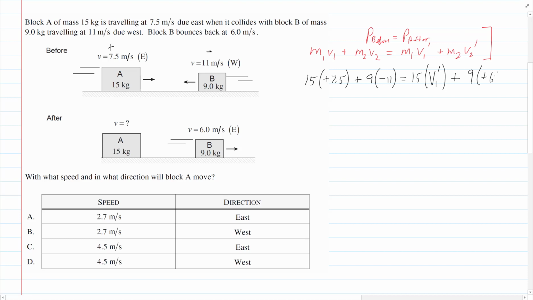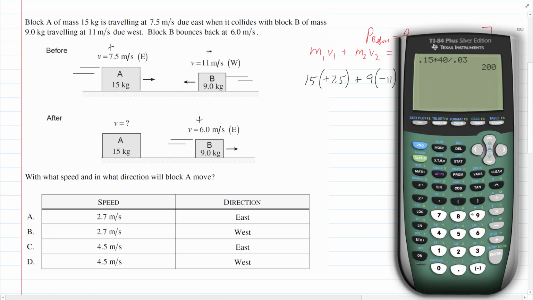Okay, so pull up our calculator. 15 times 7.5 is 112.5. And that's going to be a negative 99. So subtract 99.